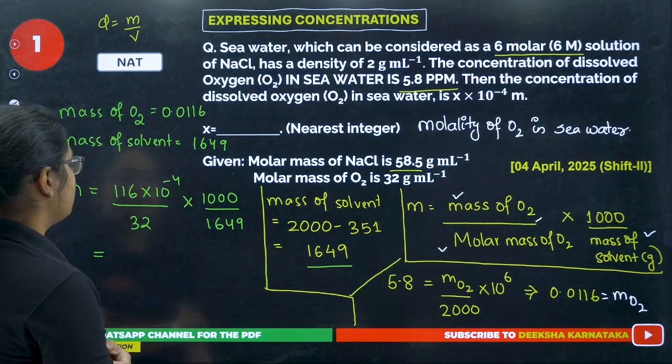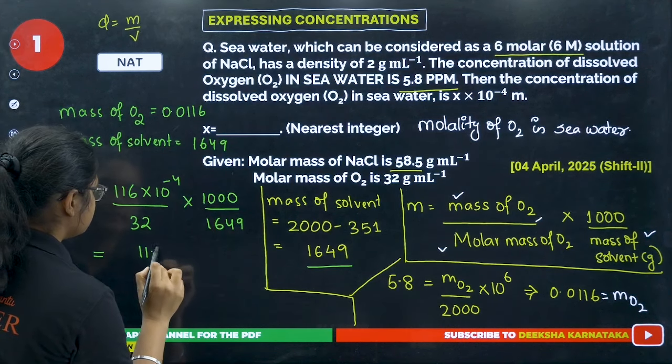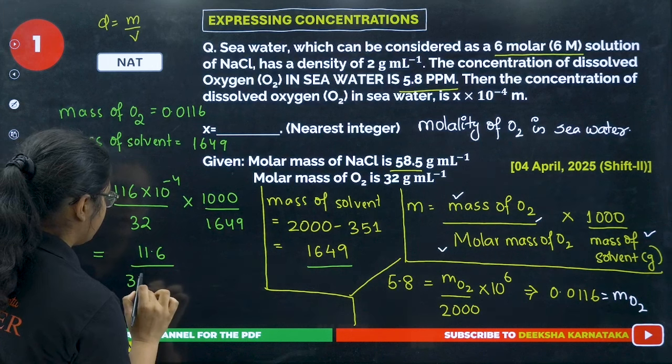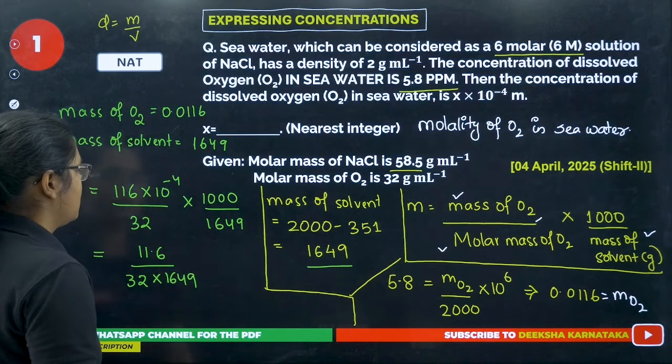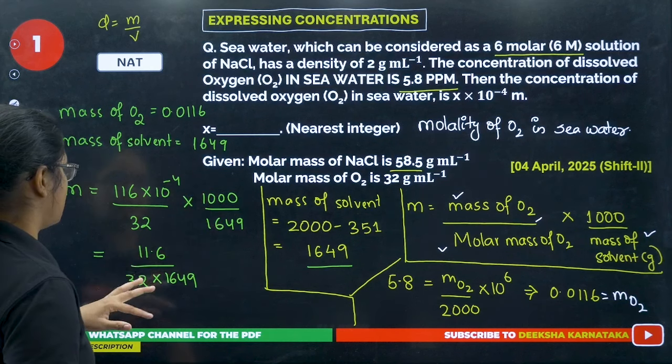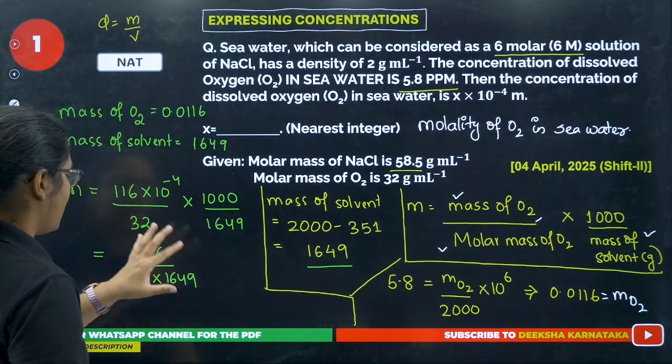Okay. So now if I solve this, I'll get 11.6 into 32 into 1649. 4 plus 3 minus 1, I got 11.6 by 32 into 1649. Now I have to solve this.